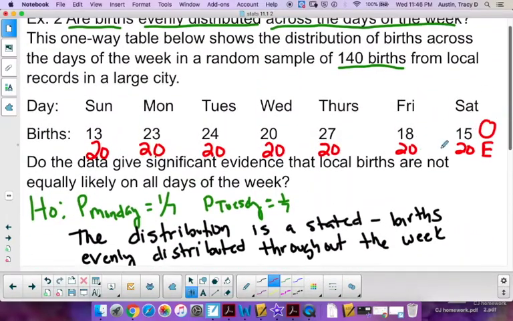Okay, one little thing for you to think about before tomorrow, because that's when we're going to start actually doing the test. If you're expecting to get 20 every day, which one of these observed counts, or more than one, would be the most surprising? Okay, would it be surprising to get 18 when you're expecting 20, or would it be different or really strange to get 27 when you're expecting 20?